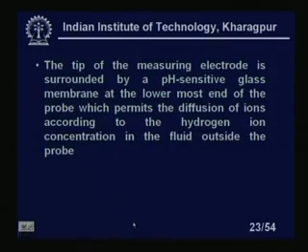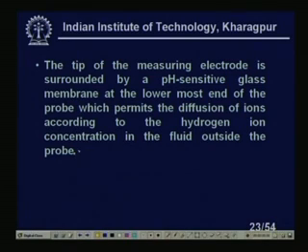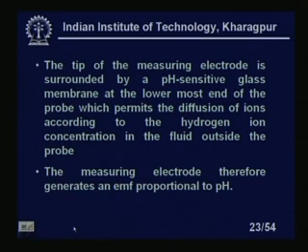The tip of the measuring electrode is surrounded by the pH sensitive glass membrane at the lowermost end of the probe, which permits the diffusion of ions according to the hydrogen ion concentration in the fluid outside the probe. The measuring electrode therefore generates an EMF proportional to pH, because the other things are constant.